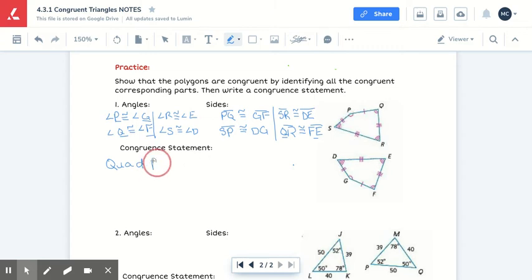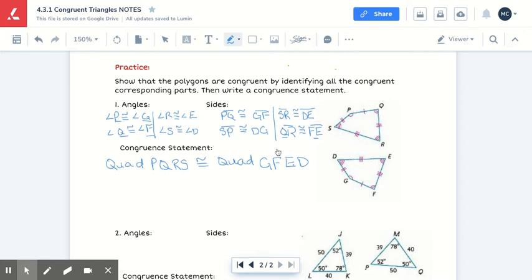So I'm going in order from one arc to two arcs to three arcs to four arcs on the angles. So I'll do the same with the other one. So I'm going to start with G, one arc, two arcs is F, three arcs is E, and four arcs is D.